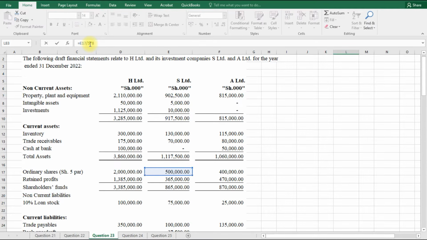There must have been a mistake. And we multiply by 20%, because the NCI share is 20%.